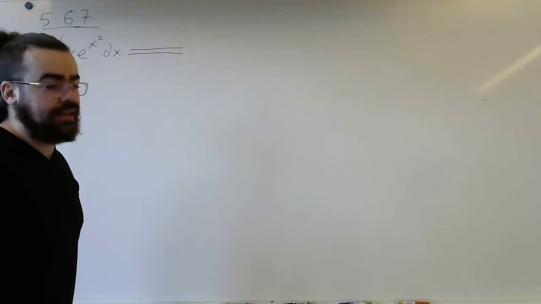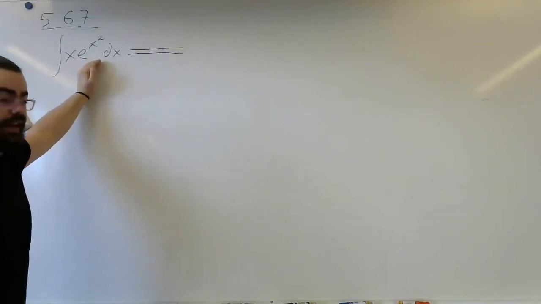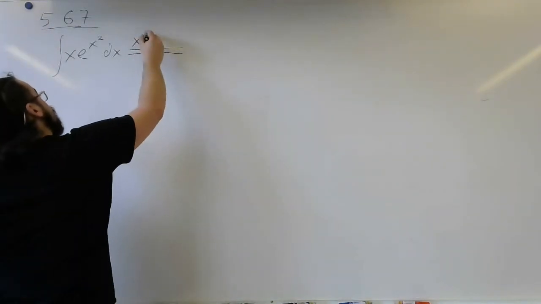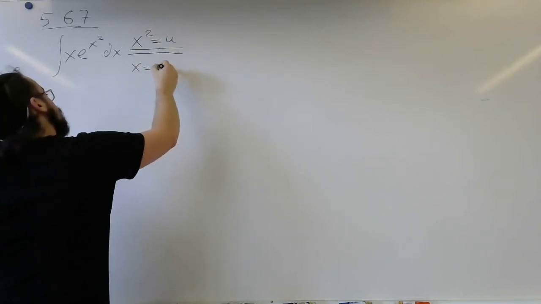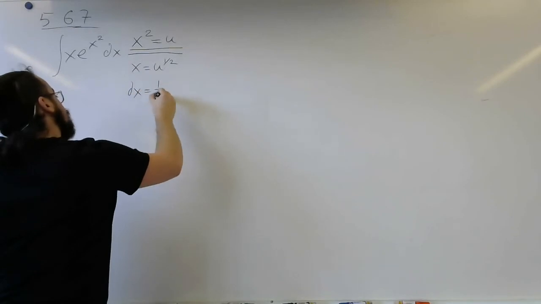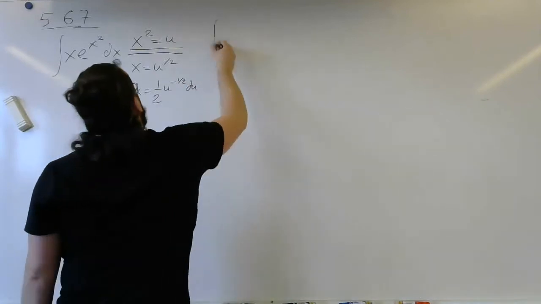What's the difficult element in this integral? In power x squared. In power x squared looks bad, so we're going to take the x squared out. X squared equals u. So x is square root of u, and the differential of x is 1/2 u in power minus 1/2 differential of u.